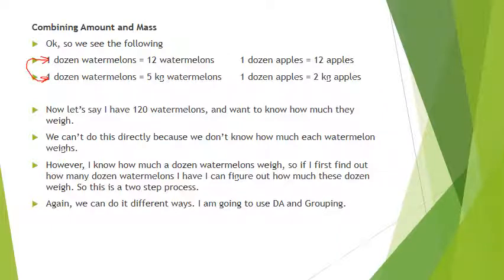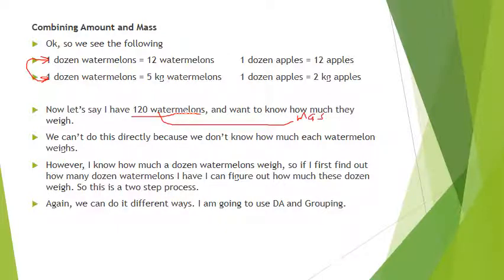So let's say I have 120 watermelons, and I want to find out how much they weigh. If you look up here, I don't have a direct relationship between number of watermelons to mass. So I can't do this directly. I can't go from watermelon to mass because there's no relationship up here.